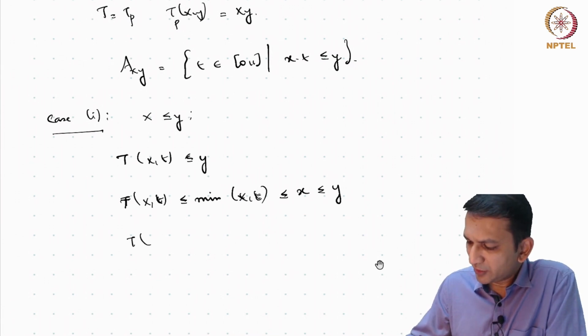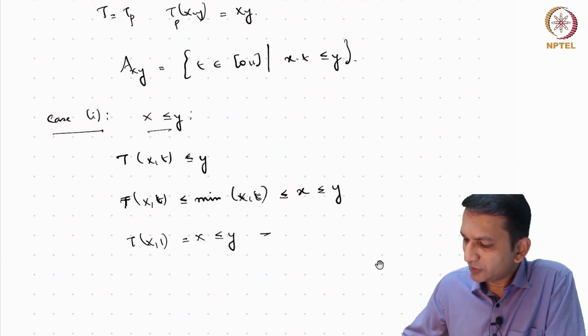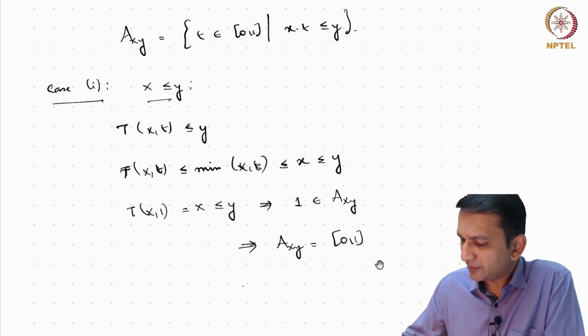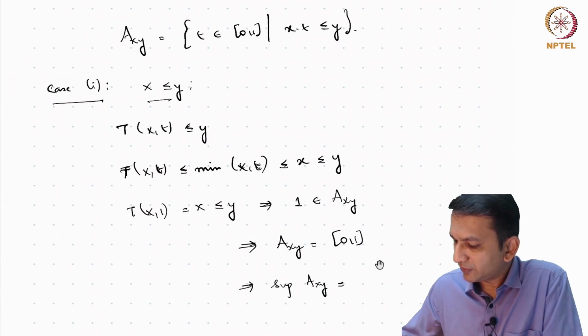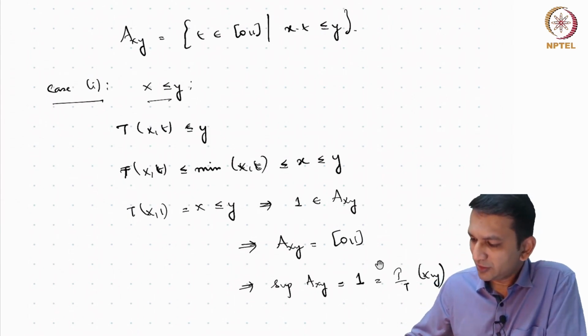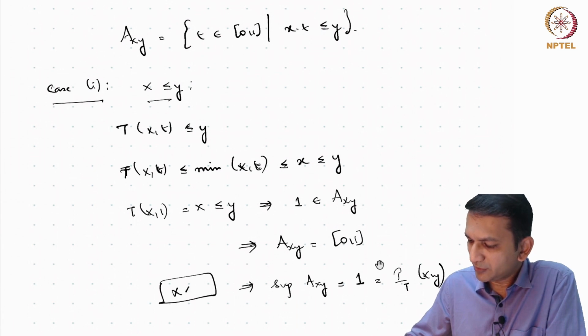In fact, since x is less than or equal to y, T of x,1 is equal to x, which is less than or equal to y. So this implies 1 itself belongs to A_xy. This implies A_xy is in fact [0,1], which implies the supremum of A_xy is equal to 1, which is I_T of x,y for any T-norm T. Of course, please note we are operating under the assumption x is less than or equal to y.